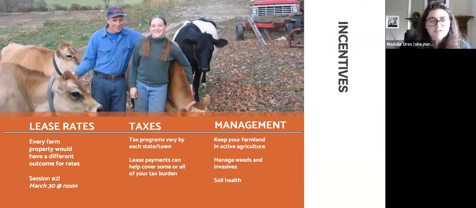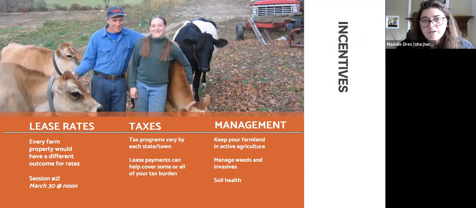Yep. There's also a lot of variability in leasing agreements. A lot of agricultural leases are handshake agreements. We recommend that you have at least a written lease of some kind with whoever you match with on a FarmLink website. There's a lot of variability you can put into that.